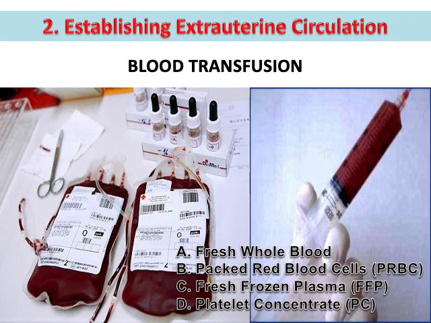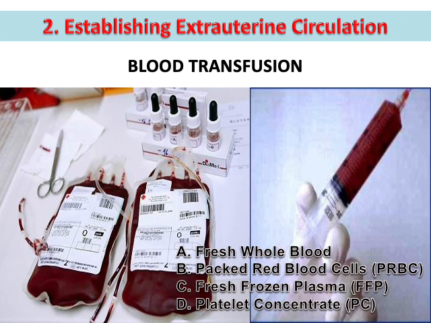It is when you give all the components of blood, namely RBC, WBC, platelet, and even the plasma. Another type of blood transfusion is the packed RBC. You only give the RBC component of the blood. C is when you give only the plasma component of the blood. And lastly, only the platelet concentrate.